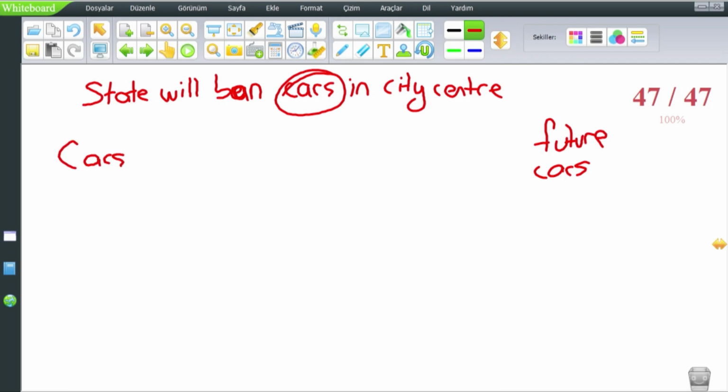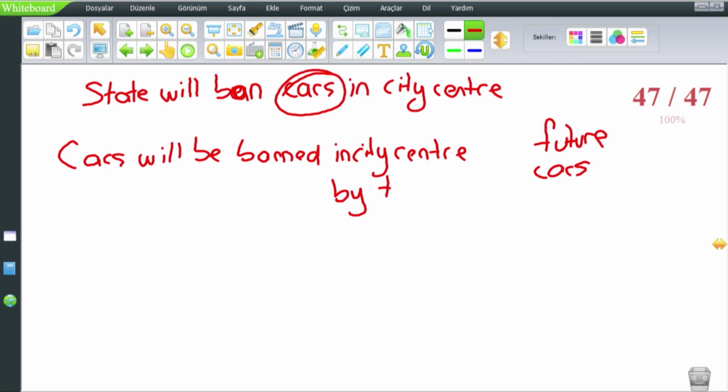Cars will be banned in city center by the state.